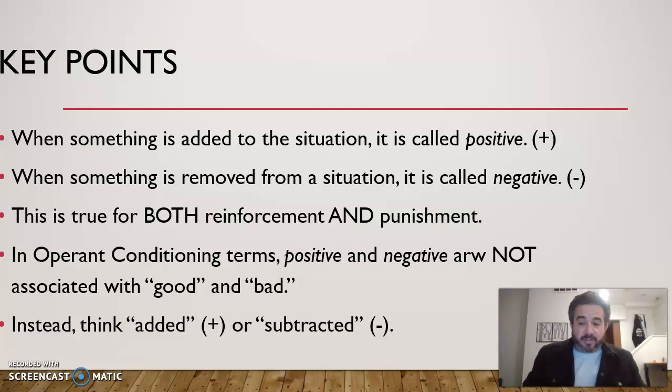There's positive reinforcement and negative reinforcement, and there's positive punishment and negative punishment. In operant conditioning, positive means something is added, and negative means something is subtracted. So don't think good or bad, think positive plus, negative minus, addition and subtraction.